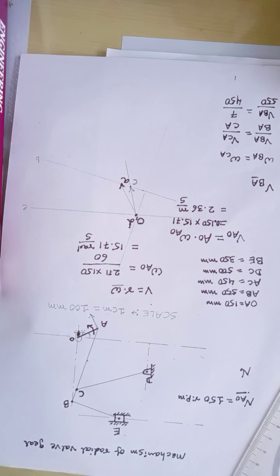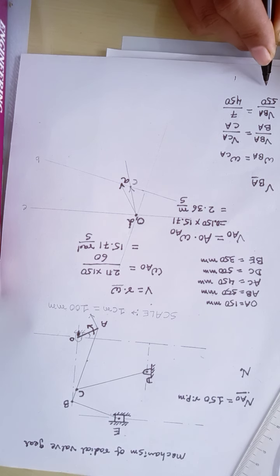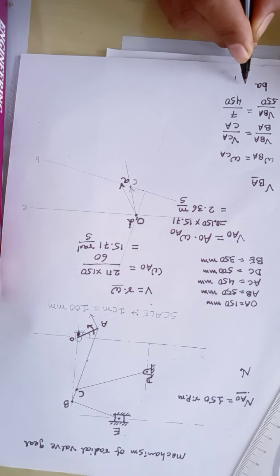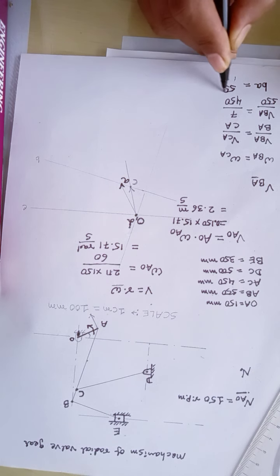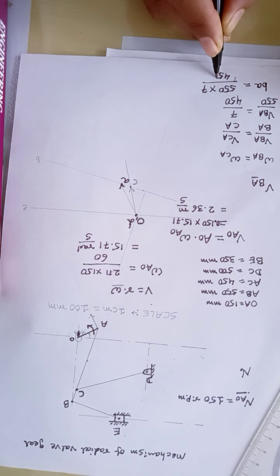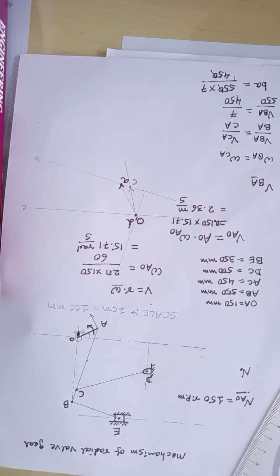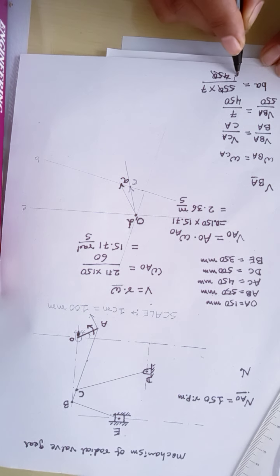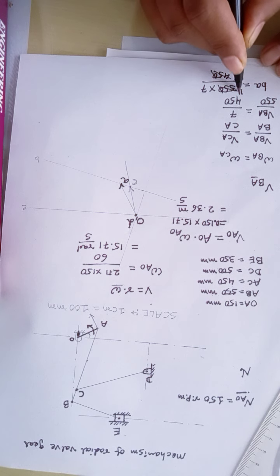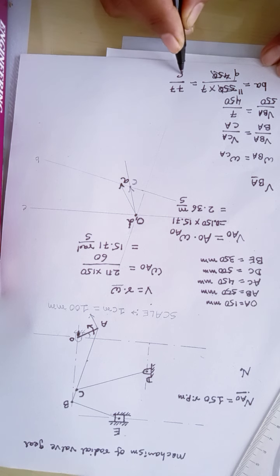When we do the calculation, this BA is nothing but small BA. So small BA will be 550 multiplied by 7 upon 450. So it is 77 upon 9.